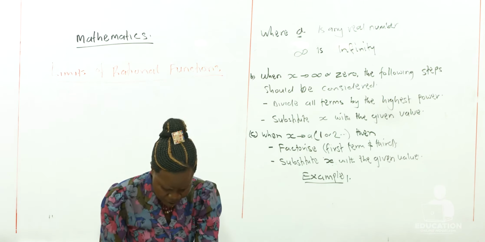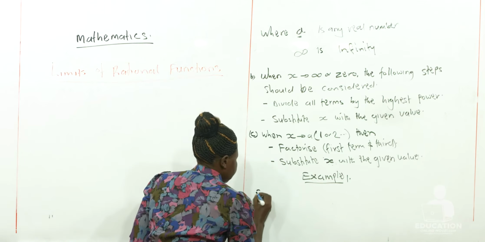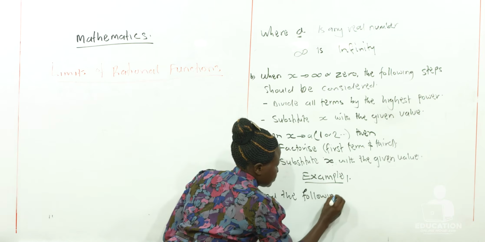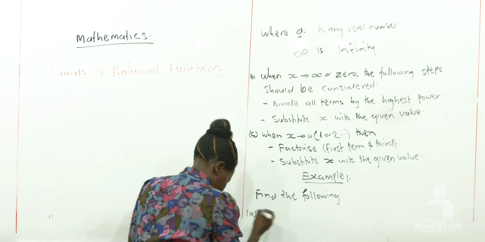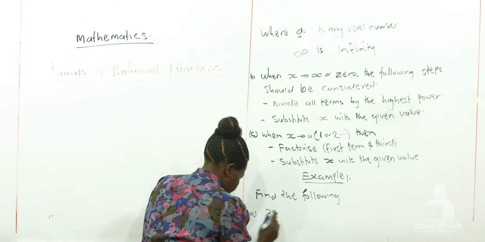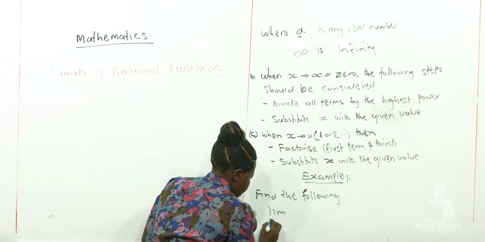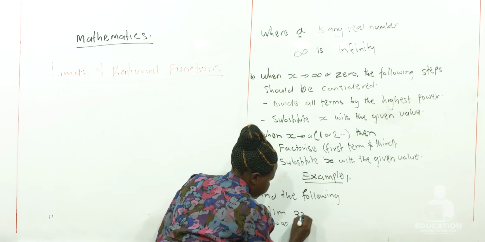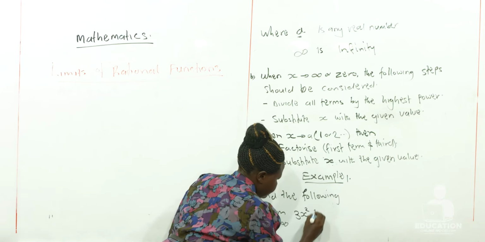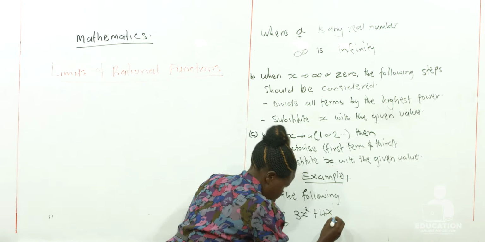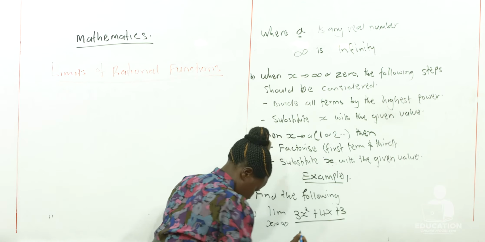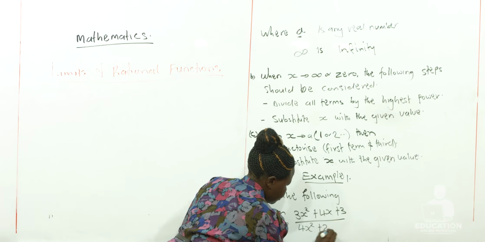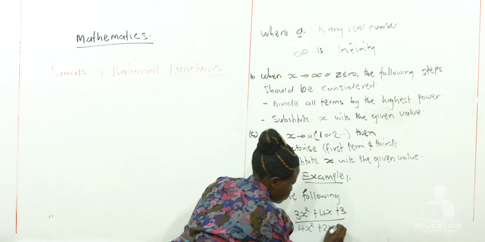Example 1 says, find the following. Part A: the limit as x is approaching infinity of 3x square plus 4x plus 3 over 4x square plus 2x plus 1.